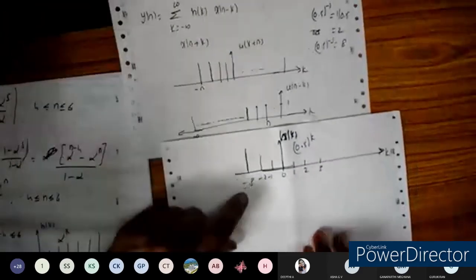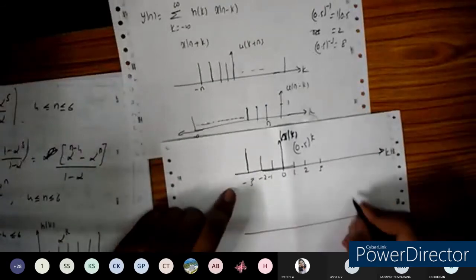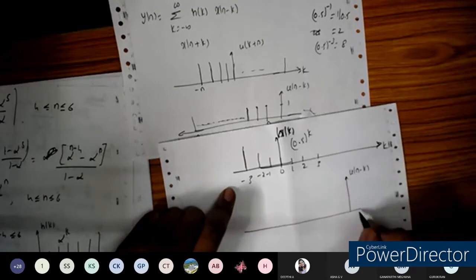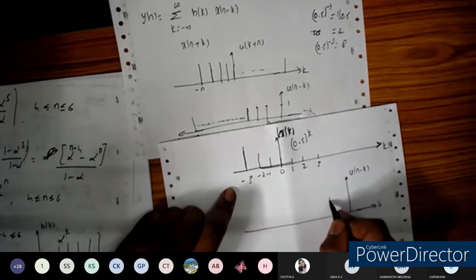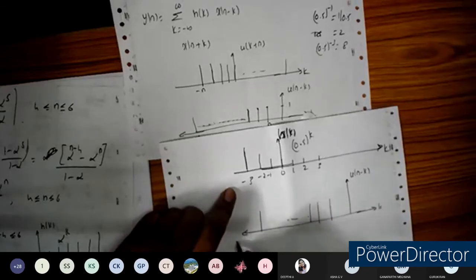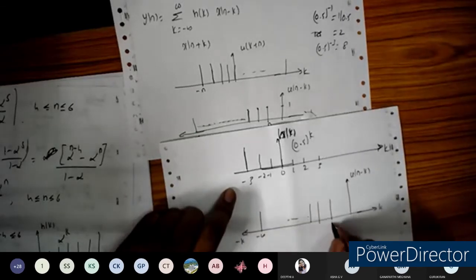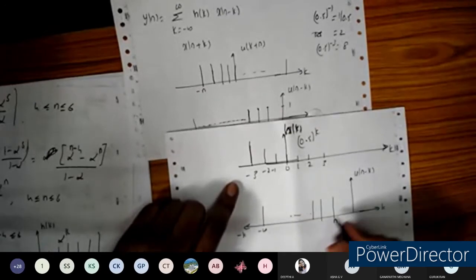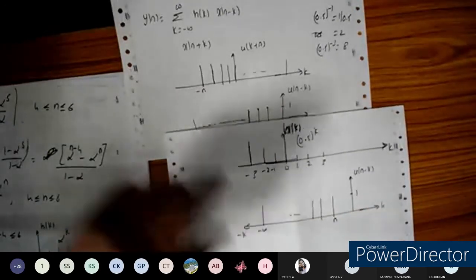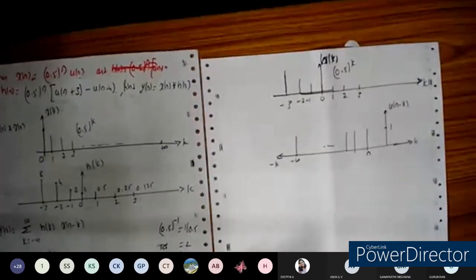Okay, the other one you are going to take is u of n minus k. This is part of x of n minus k that I'm taking. This is the value of n here, and minus k goes up to minus infinity. This is n here. So this is u of n minus k, with value 1. I'm taking the part of x of n minus k here. So, done.